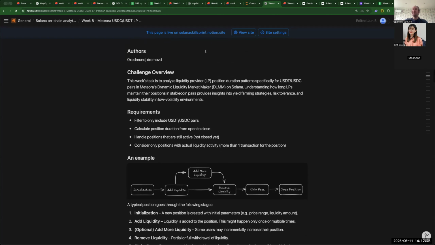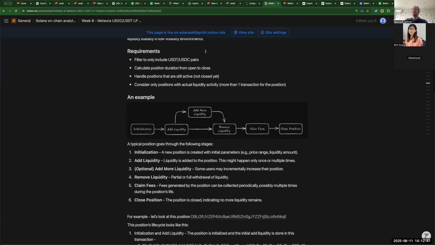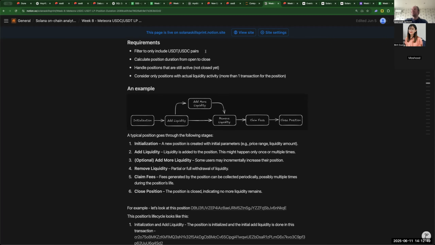The idea was that we want to track opening and closing of the positions, and there should be at least one activity, probably at least putting liquidity on and withdrawing the liquidity from the liquidity pool.